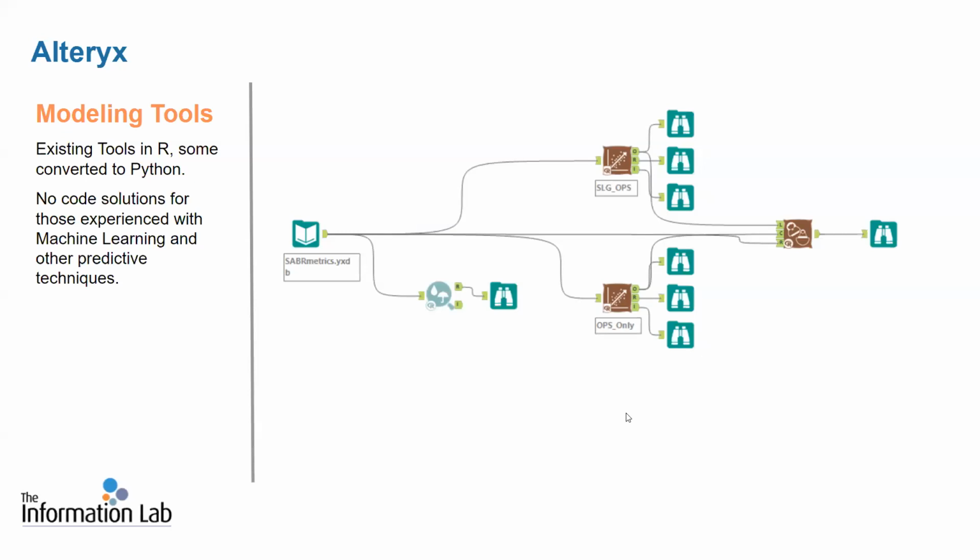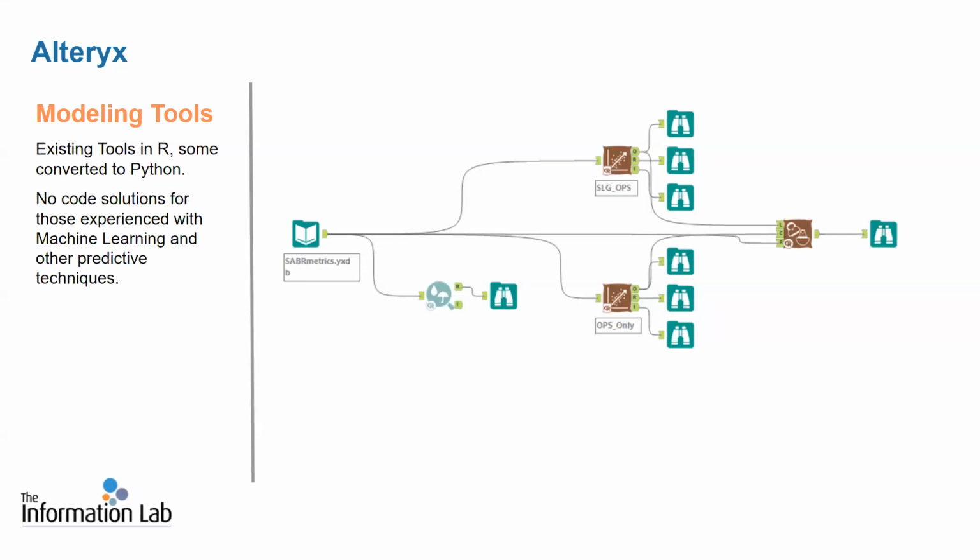This is what that might look like. Underneath each of these are the R code or Python code. You can see the little R here. So Dr. Dan at Alteryx and his team have put a lot of effort into making these tools really simple, so that you just simply need to select a couple of variables, select what you're building out, and then it uses all the R code underneath.